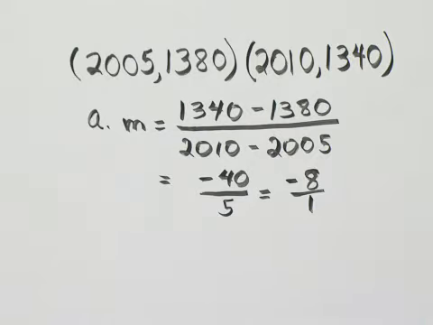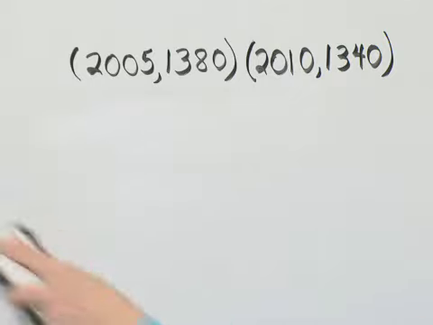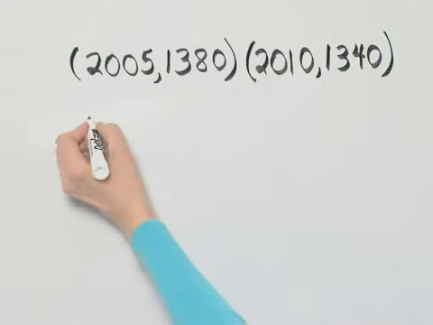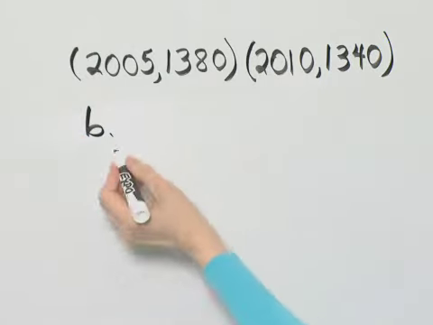Now let's go to part B. For part B, we want to write two ordered pairs of the form years past 2005, comma, number of tickets sold in millions. How many years past 2005?